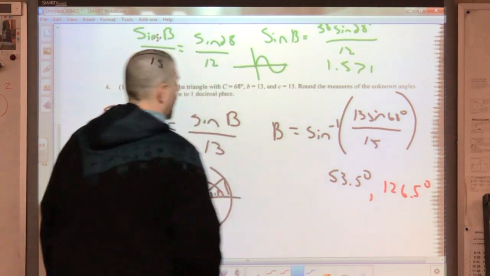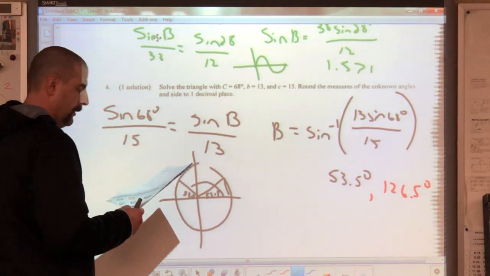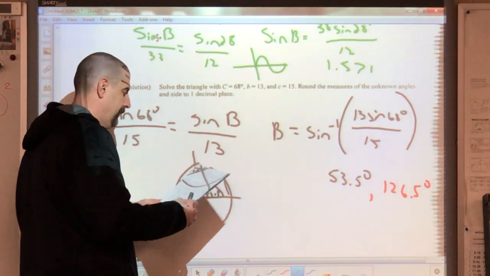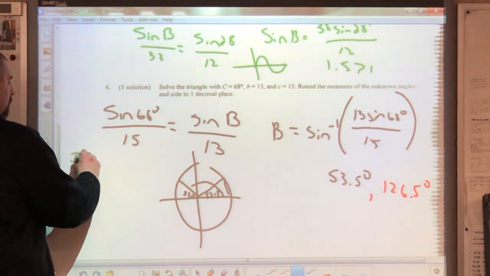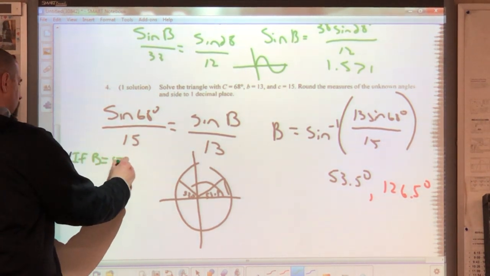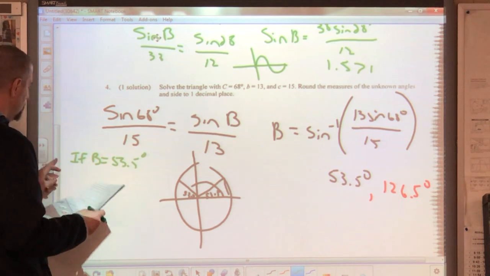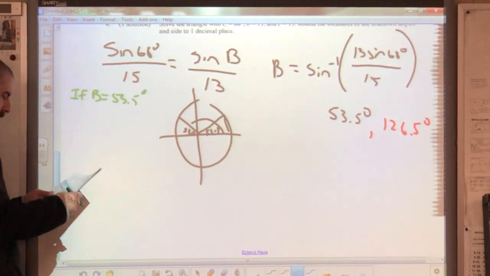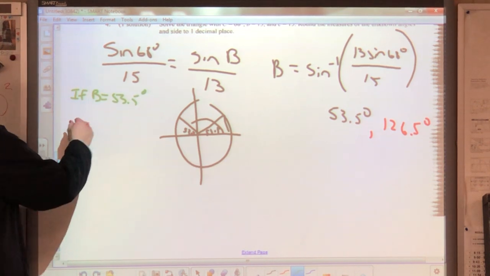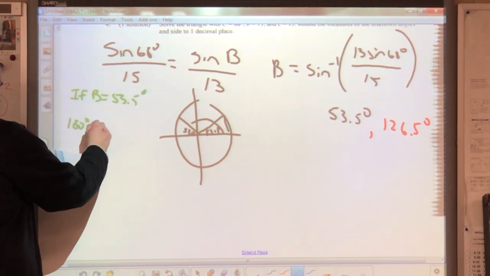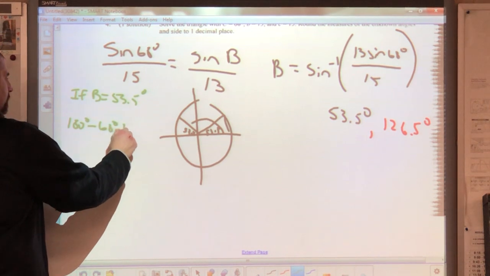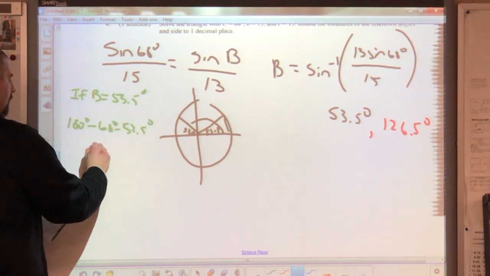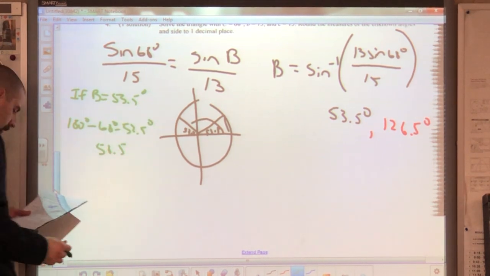How do you know? Well, if B equals 53.5, you can solve that by taking 180 minus 68 minus 53.5, and you get 58.5.